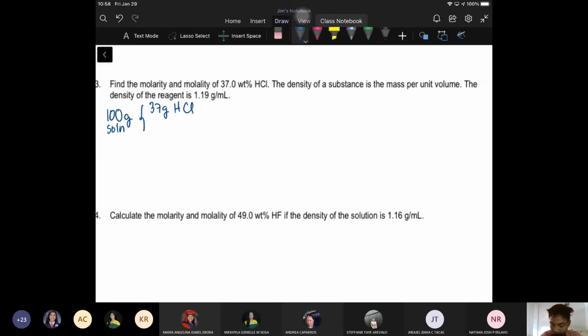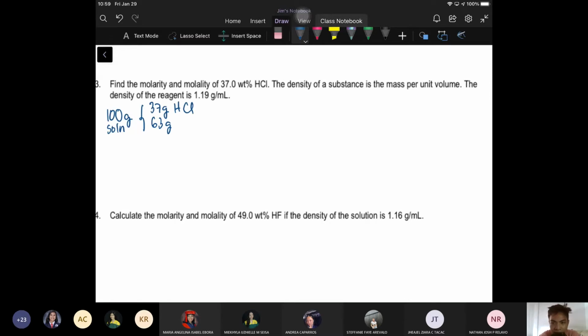So, kung 37 grams ang HCl, question is, ano yung remaining 63 grams? So, kung solute yung 37 grams, edi solvent yung 63 grams. Alam ba natin kung ano yung solvent natin dito? Ang sagot dapat ay yes.